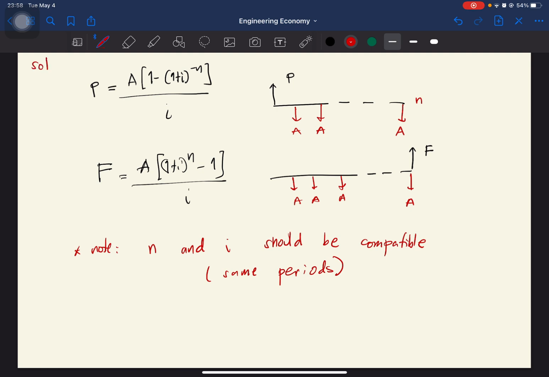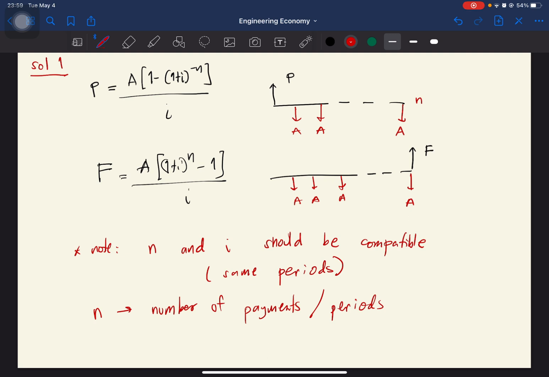So, if we are using solution 1, ang pagkaka-define natin sa n is yung number of payments, or pwede ring number of periods. Sa solution 1 natin, ang n natin is not always in years. Paiba-iba yan.